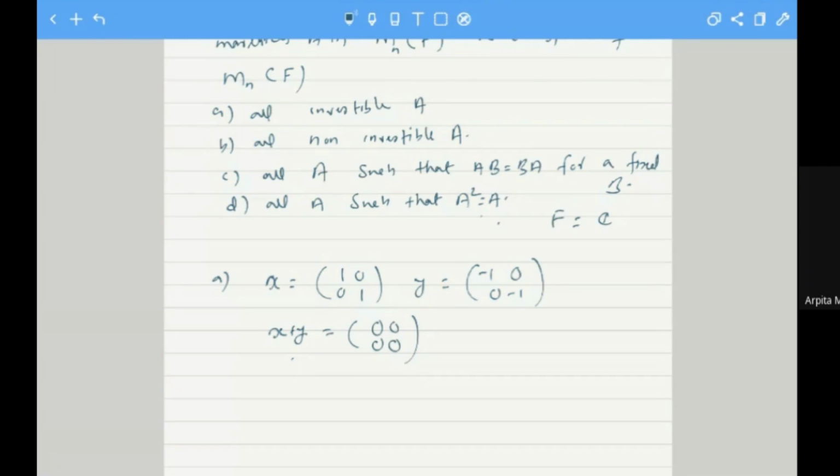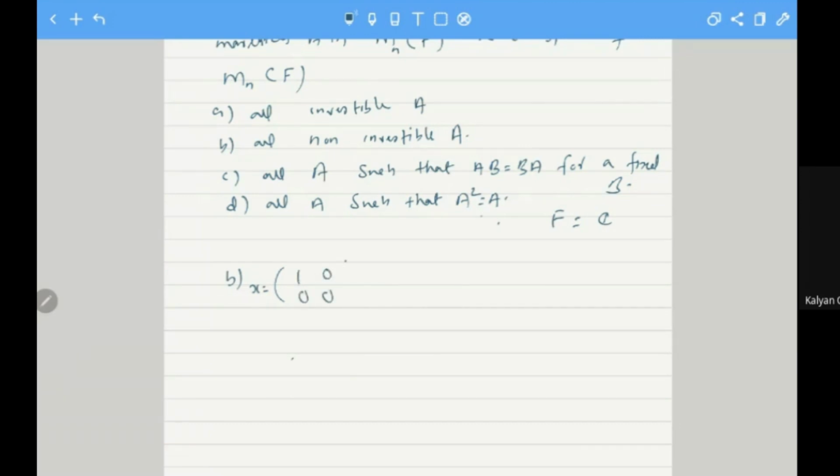But here, that is not the case. So the first option is not a subspace. So what about the second option? Those are also not going to be a subspace. You can consider X equal to the matrix with rows 1 0 and 0 0, and Y equal to the matrix with rows 0 0 and 0 1.